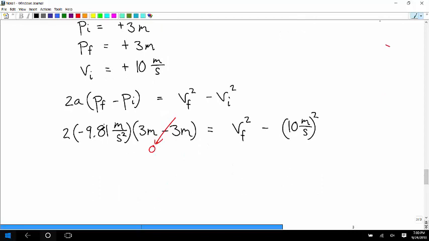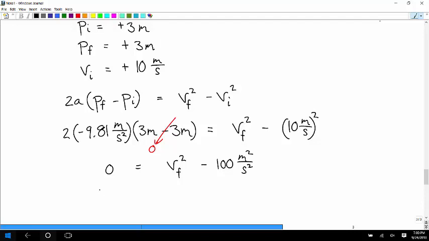So we get that 0 is equal to VF squared minus 100 meters squared per second squared.